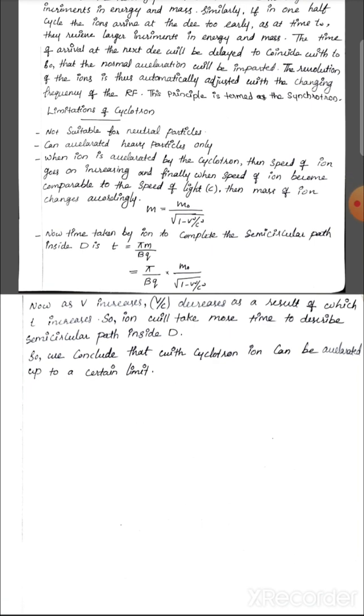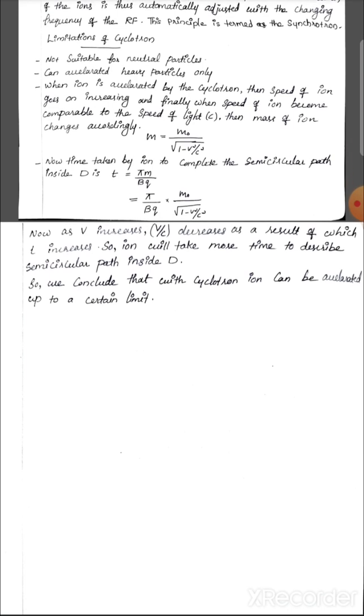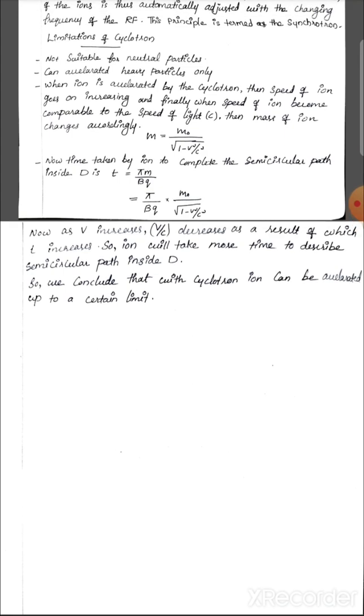Now time taken by the ion to complete semicircular path inside D is small t, that's equal to pi m by bq. Then m is equal to m0 by root 1 minus v square by c square. Then small t is equal to pi by bq into m0 by root of 1 minus v square by c square.